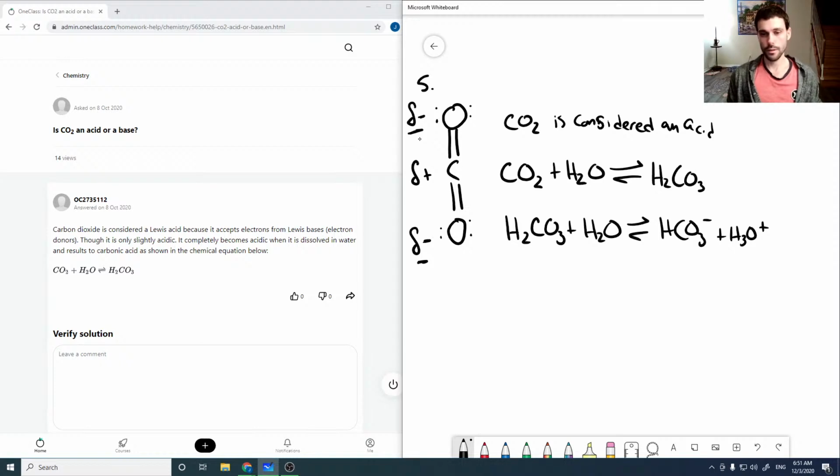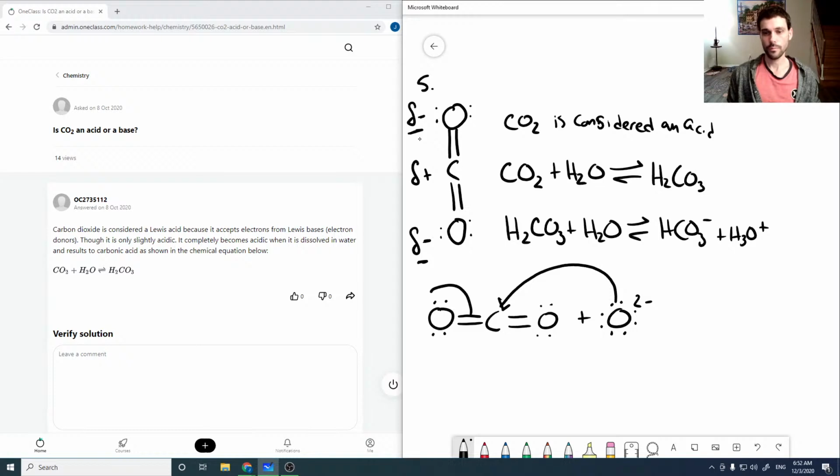So what that means is, in reactions like this one, where it reacts with a heavily negatively charged atom or molecule, carbon dioxide will act as an electron acceptor, which makes it a Lewis acid.